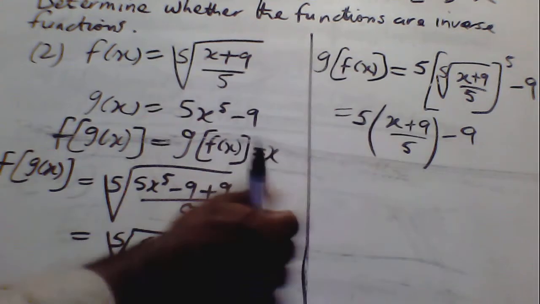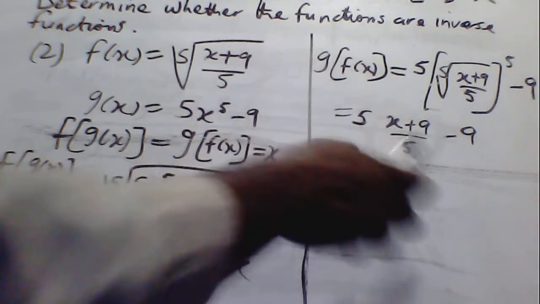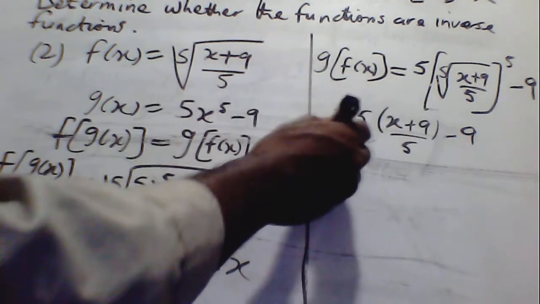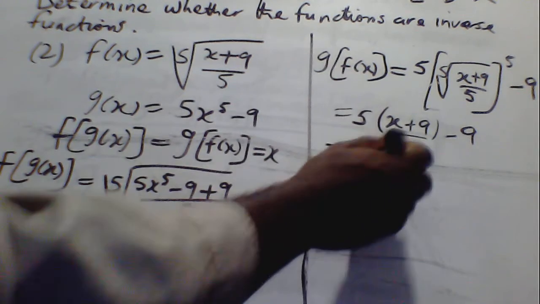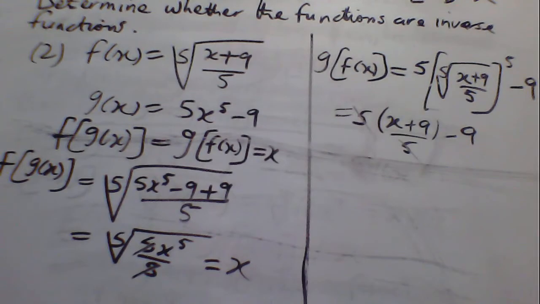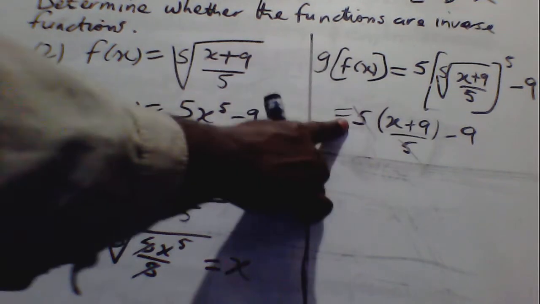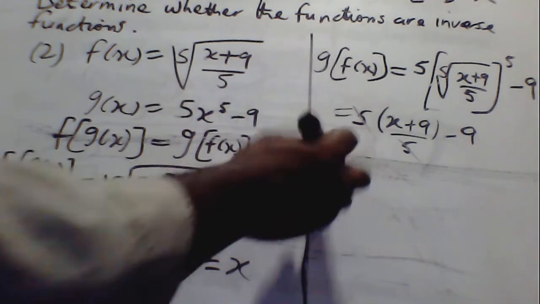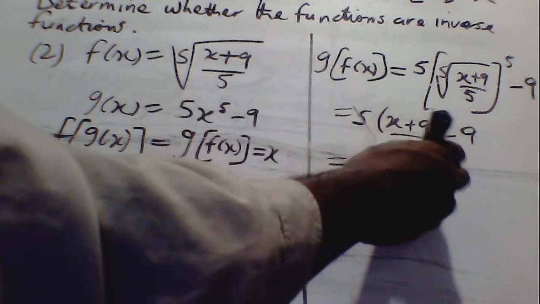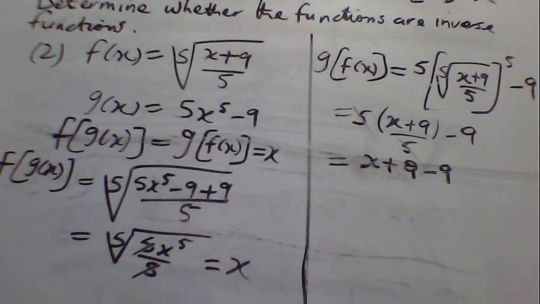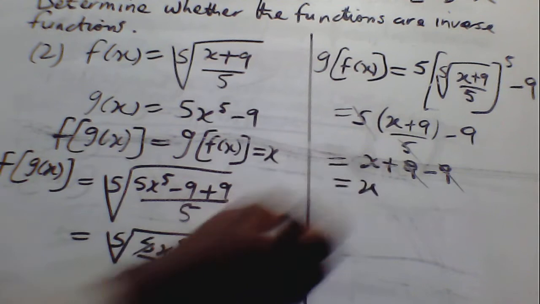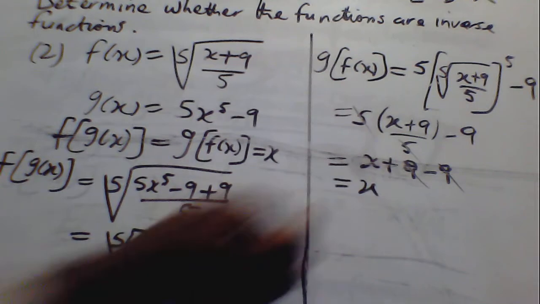So if you open the bracket now, we have 5. You don't need to open the bracket. From here 5 can cancel out, is it not? There is 5 in the numerator, there is 5 in the denominator, so 5 cancels out. We have x plus 9 minus 9. So this can cancel out to give us x. So therefore they are equal.